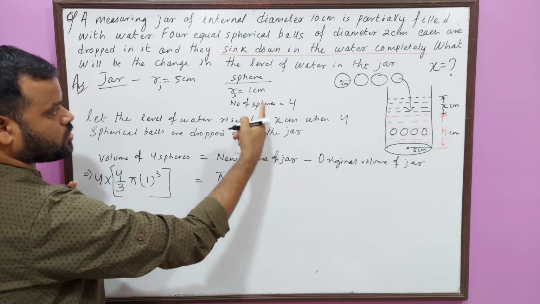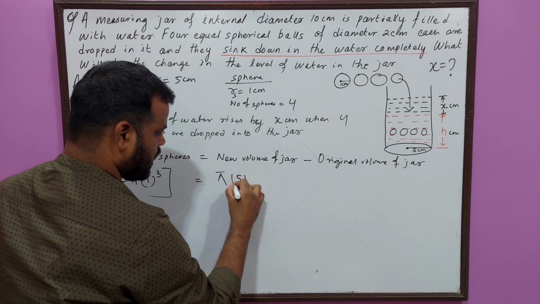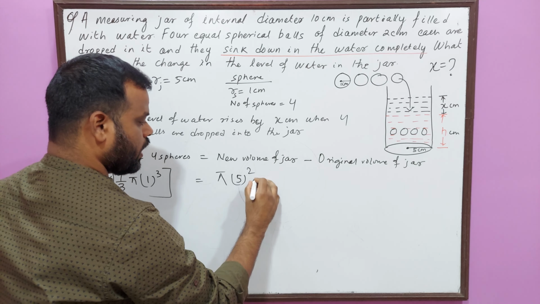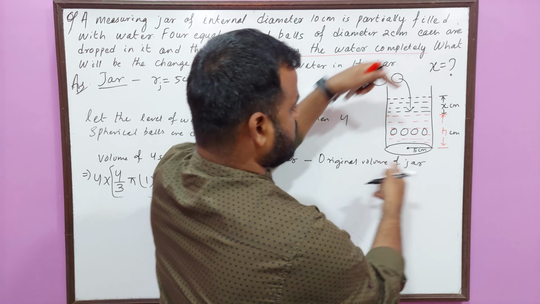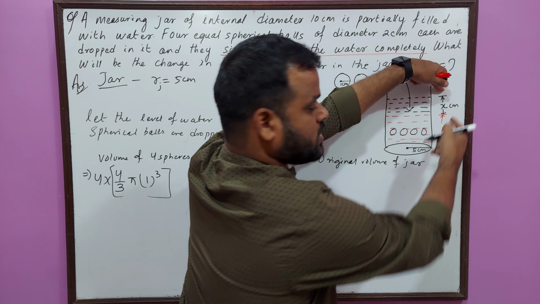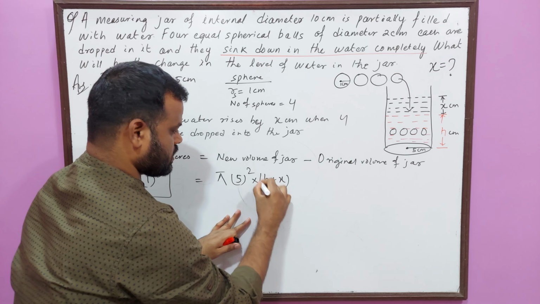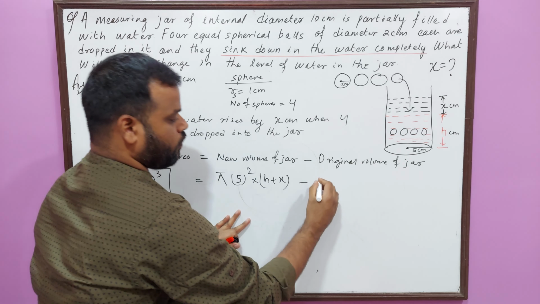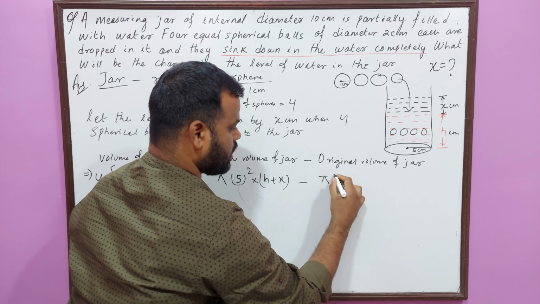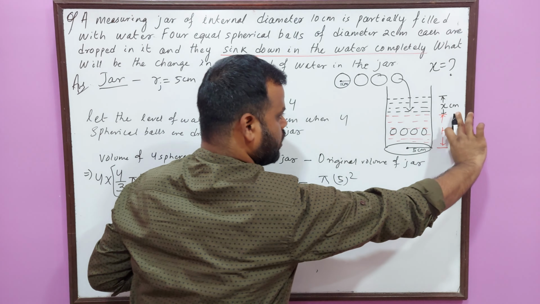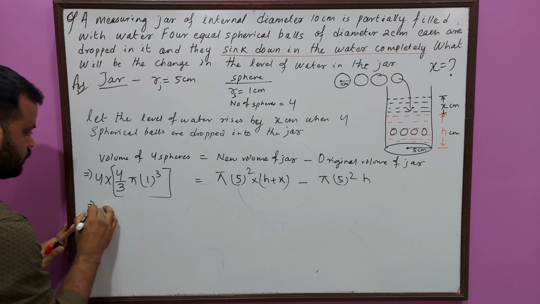Pi r square h, where the radius is 5 and the new total height is h plus x. So it will be pi r square into h plus x, minus the original volume of the jar, which was the red portion, pi r square into the original height h.